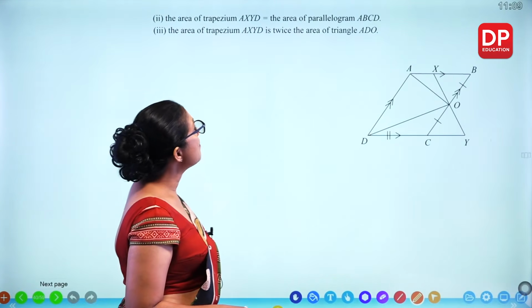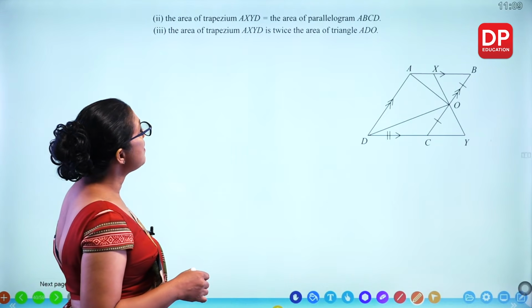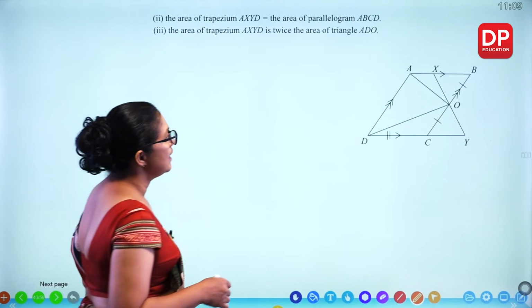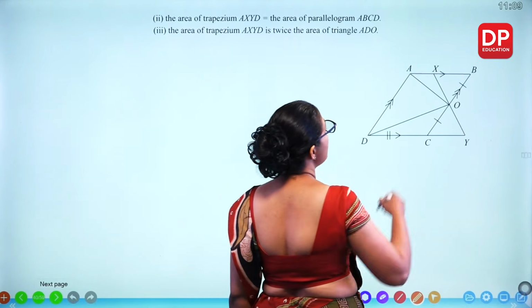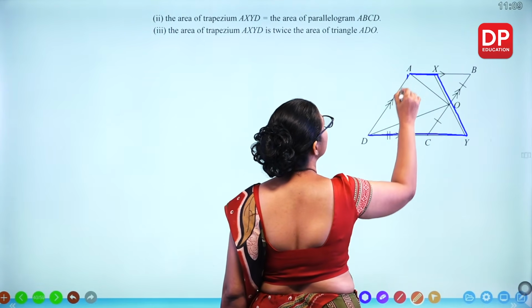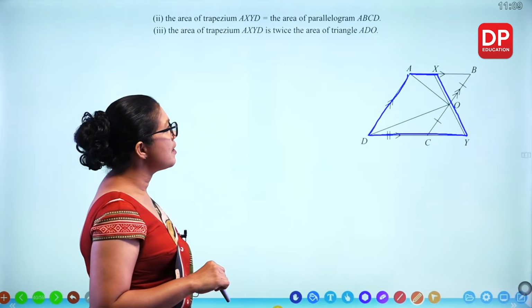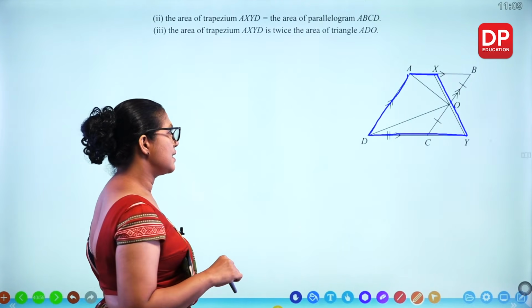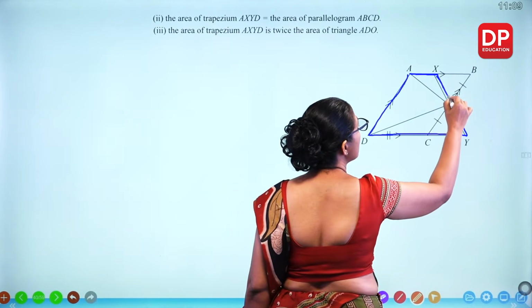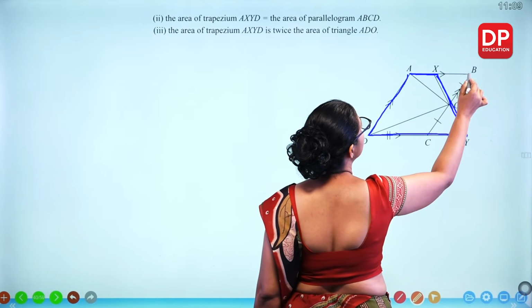We'll take the second part of the same question. The area of trapezium AXYD, this one, is equal to the area of parallelogram ABCD.